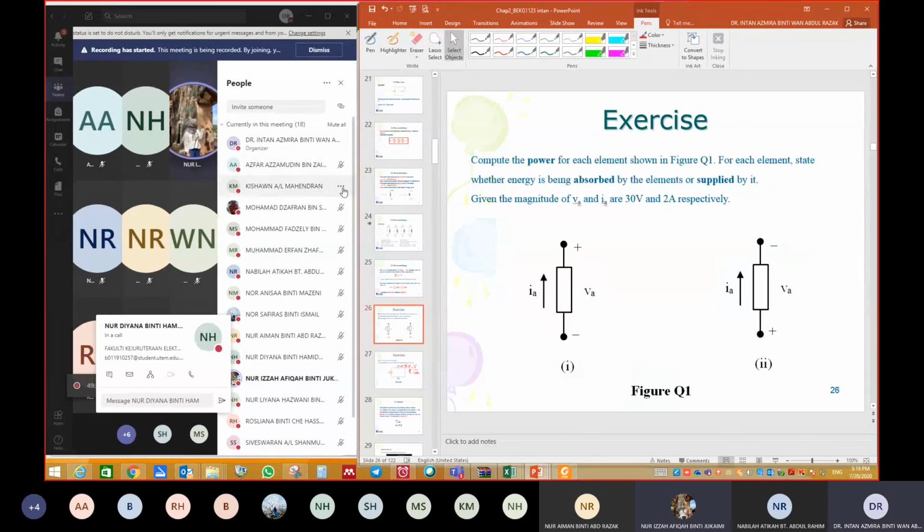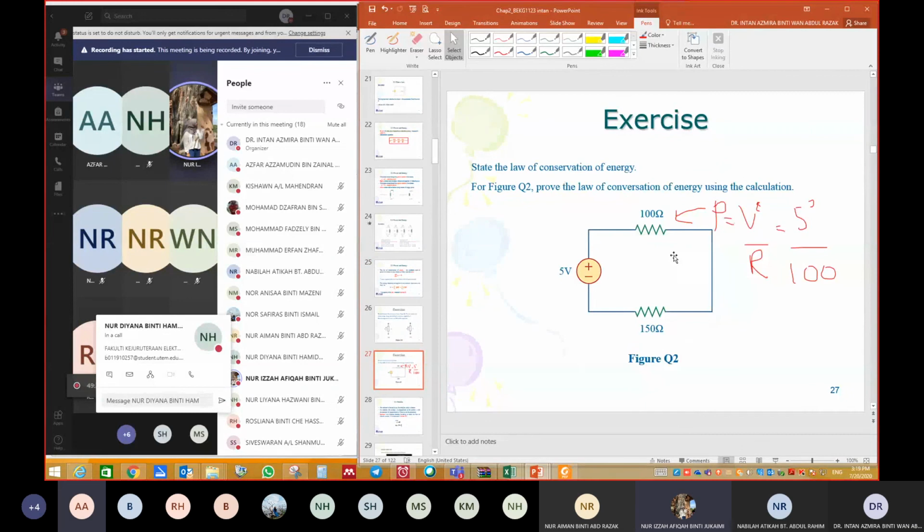Asfa? Doctor, can we use P equals IR? Yeah, why? Because we find the total resistance first, and then we calculate the total current, and then we use P equals IR. So we got 5 volt.